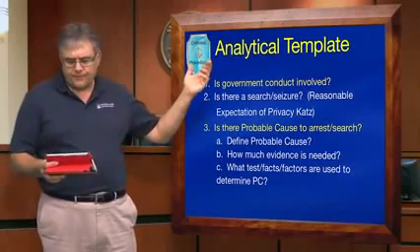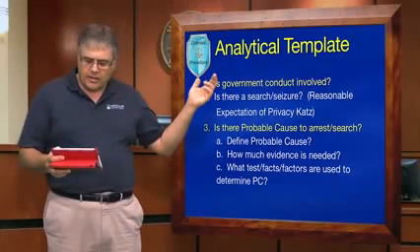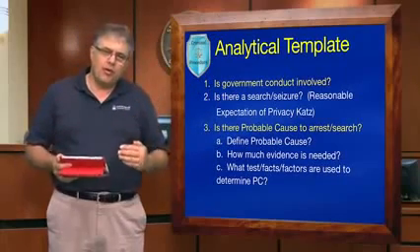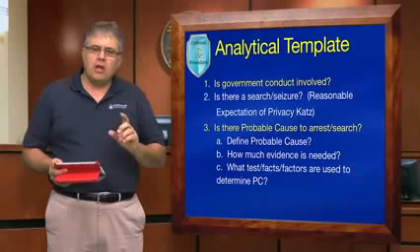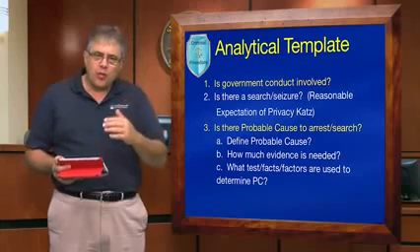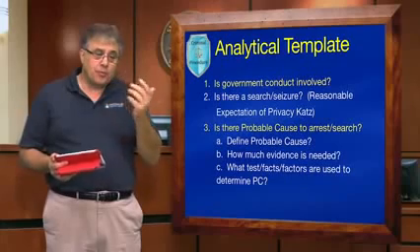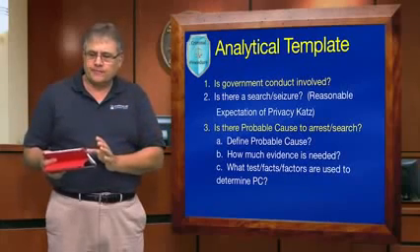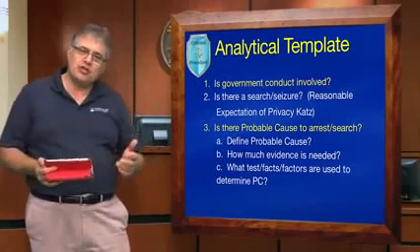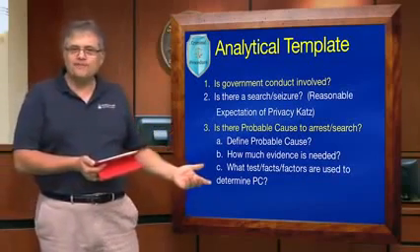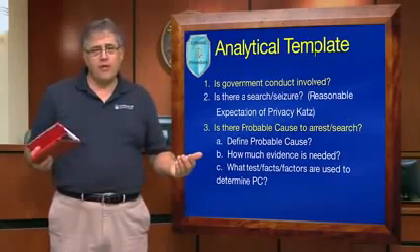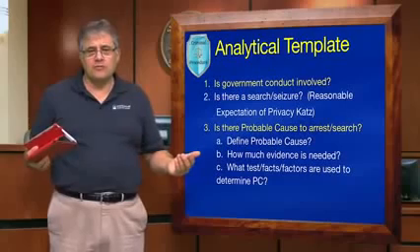We're talking about, is there government conduct, right? This is an important beginning point in your analysis. If the reason that law enforcement becomes aware of the presence of the fruits of a crime, let's say, is because mom found the stolen stuff in son's room and mom turns it into the cops, it really doesn't matter whether or not mother had probable cause to search her son's room.